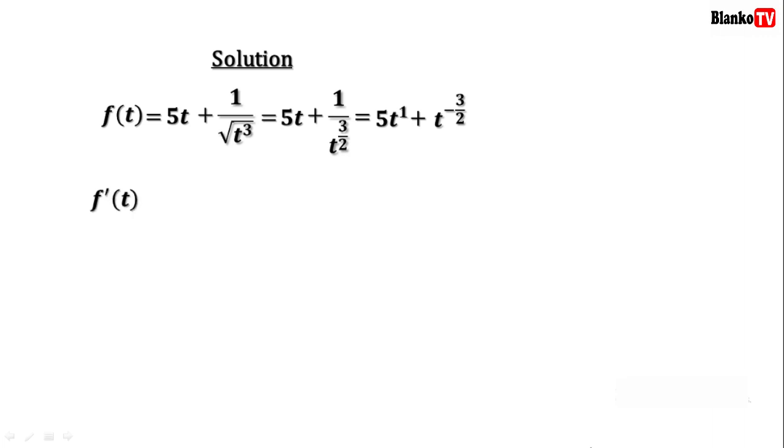Okay, so f dash t equals, to differentiate 5t raised to the power 1, we have 5 multiplies 1 multiplies t raised to the power 1 minus 1, plus, to differentiate t raised to the power negative 3 over 2, we have negative 3 over 2 multiplies t raised to the power negative 3 over 2 minus 1.